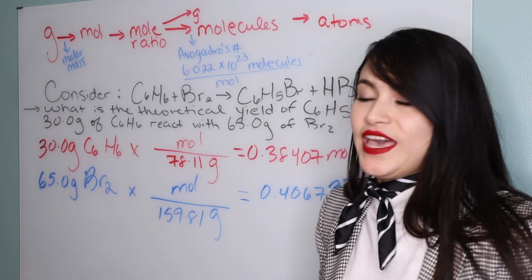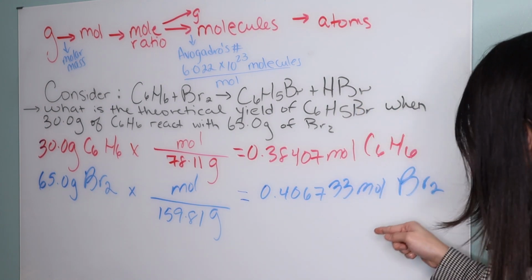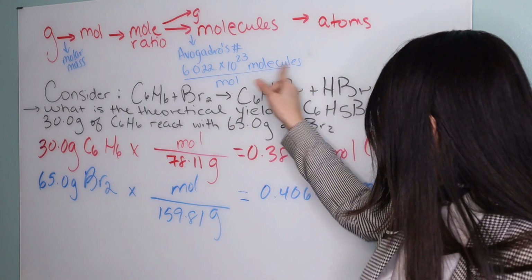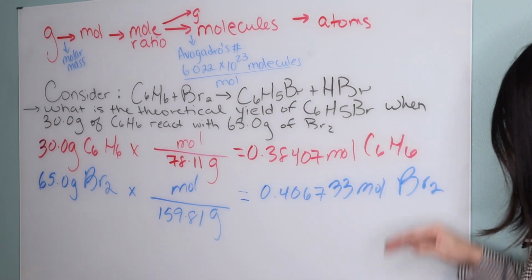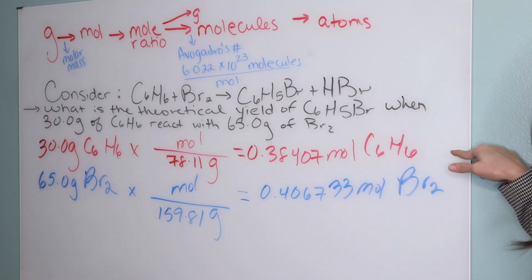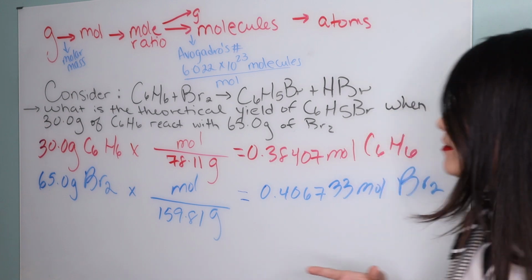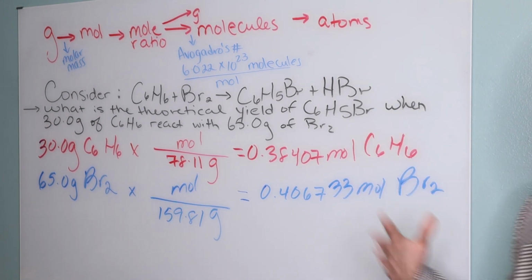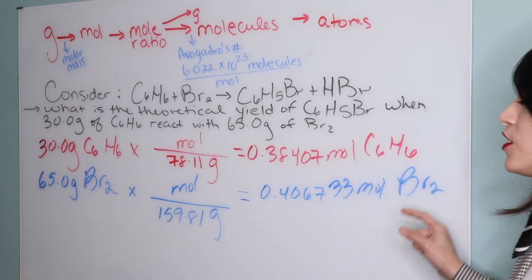So you can now go ahead and stop right here because, again, we're trying to figure out which of these two is going to generate the least amount of moles of product, okay? So here we have moles of reactant 1, moles of reactant 2, and you can now go ahead and compare two things that are different, right? You have one molecule here and another molecule here.